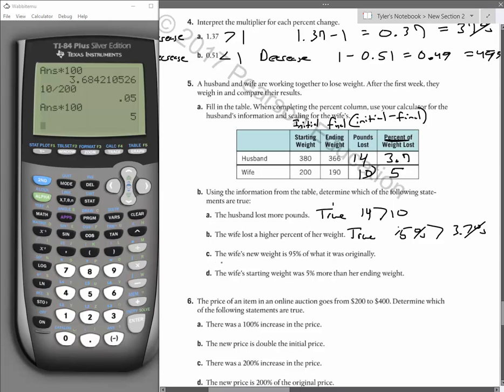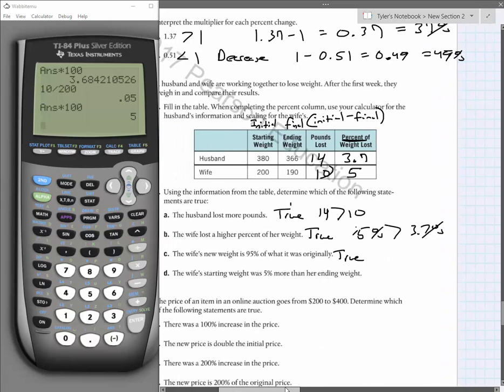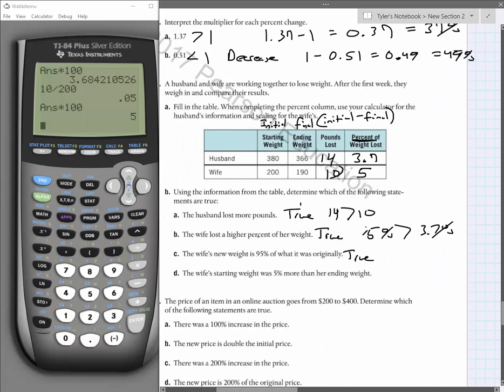Part C, the wife's new weight is 95% of what it was originally. Well, if you think about this for a moment, this is also true, and you can see it easily. Of typically means times in math.